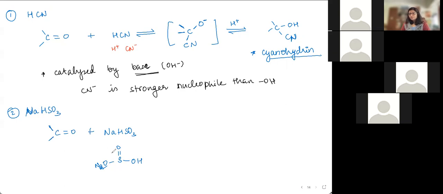Na plus will get added over here and OSO2H will get added to the carbon. SO2H, ONa.